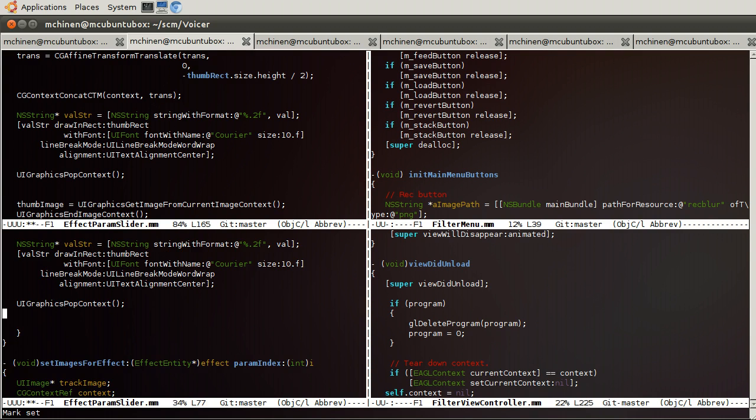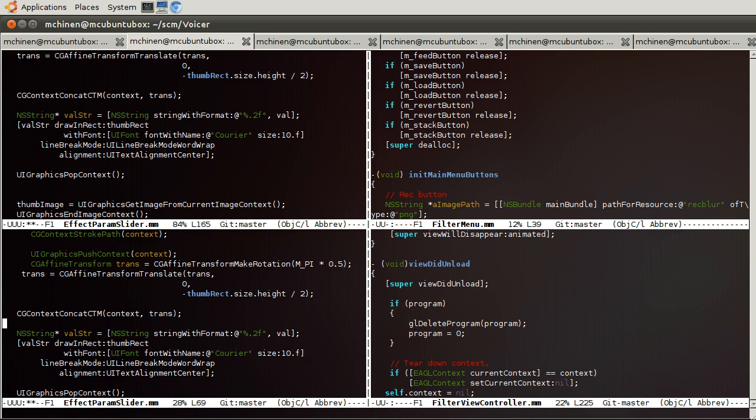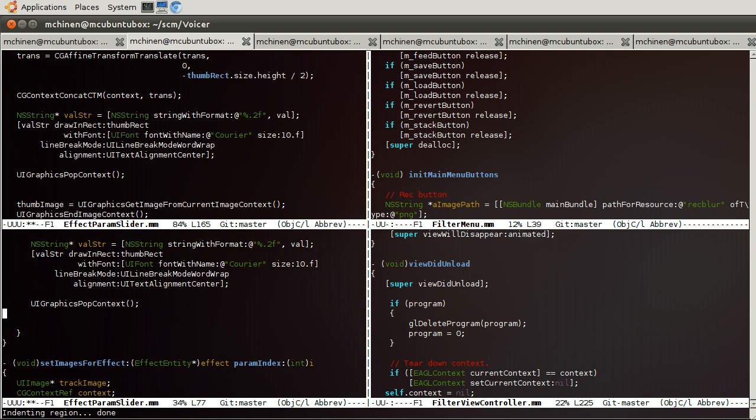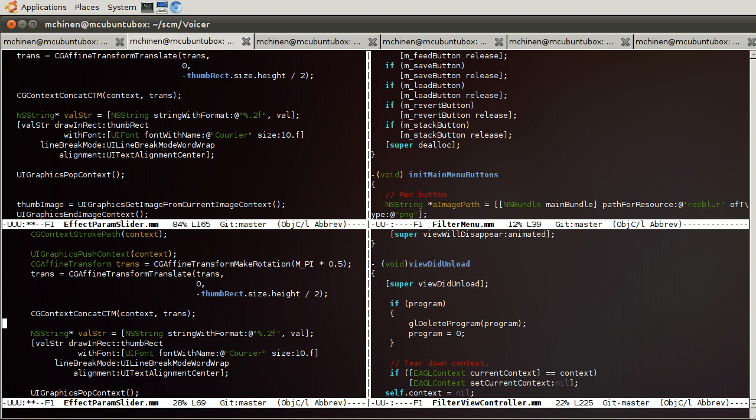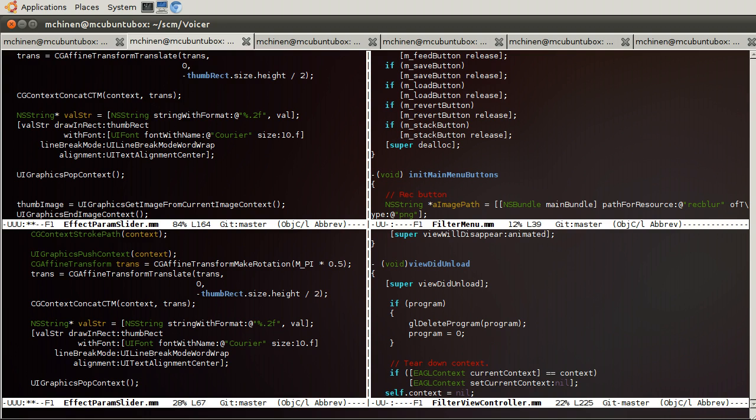I'll just make the note, depending on how different this is, we might have to refactor, or we want to refactor.